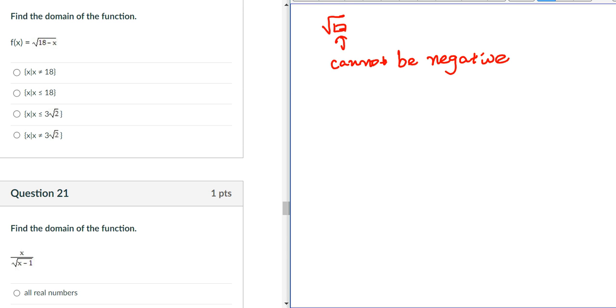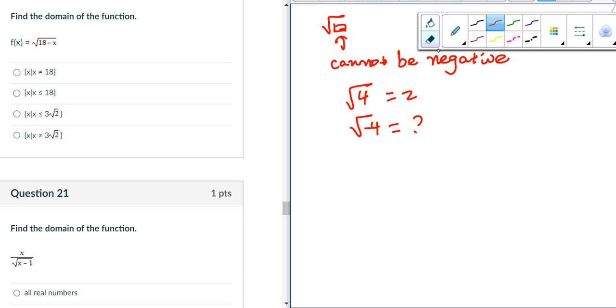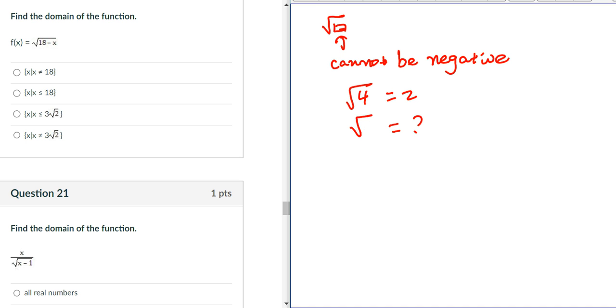You have radical 4 is 2, but you don't know what this one is at this moment. So you cannot put a negative sign right here.